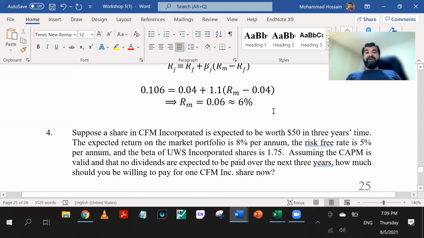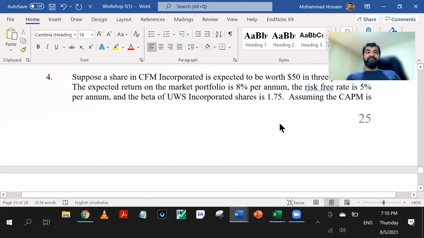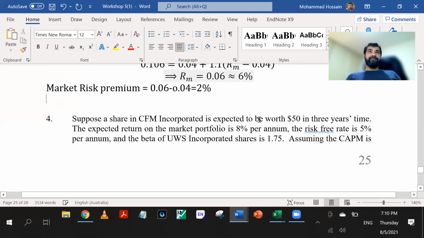So what is the market risk premium? It's RM minus RF, which is 0.06 minus 0.04. So 0.02, which is 2%. Exactly. Let's do the next one.